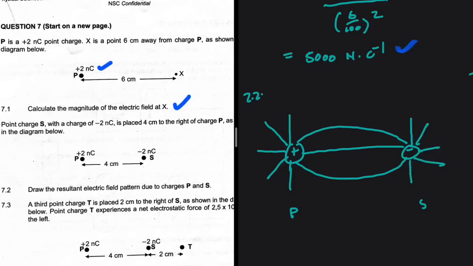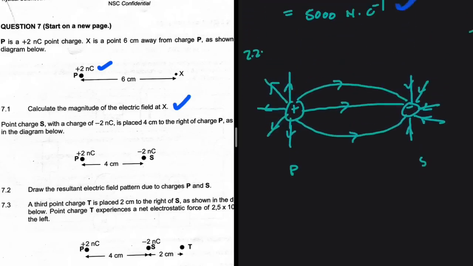So the field lines are pointing away from the positive sphere. So this is what away looks like. And then the negative sphere, they point towards the center, right? So the positive sphere is away, and from the negative sphere's point of view, it is towards. So this is what we're supposed to have for 7.2, right?